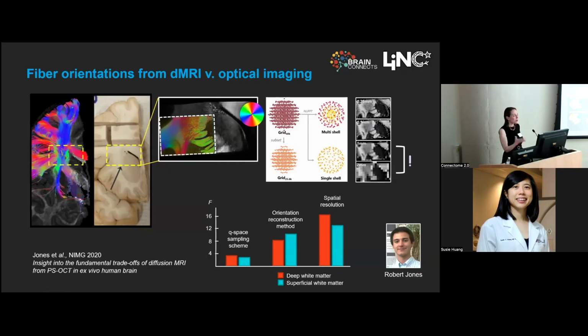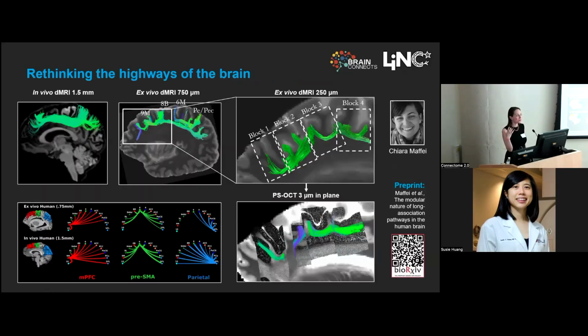And so going back to this idea of how we get away from this view of the fiber pathways in the brain as monolithic structures and map them in their full modular detail, this recent work by Chiara, which you can read about in this recent preprint, shows a study where we cut up multiple blocks from the same brain.